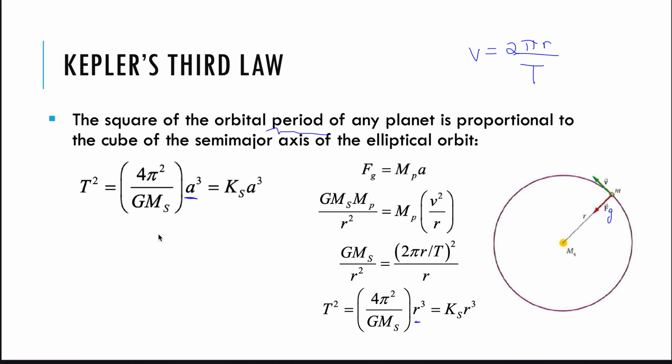But also, if you have information about a planet's time of orbit and the size of its orbit, then you can get information about the object that is being orbited. So if you know how long the Earth takes to go around the Sun and you know the size of Earth's orbit, that allows you to figure out the mass of the Sun. We'll do that in an example in the following video.